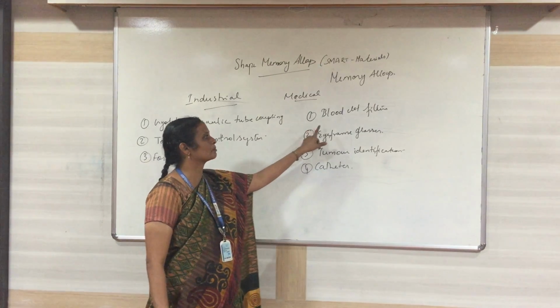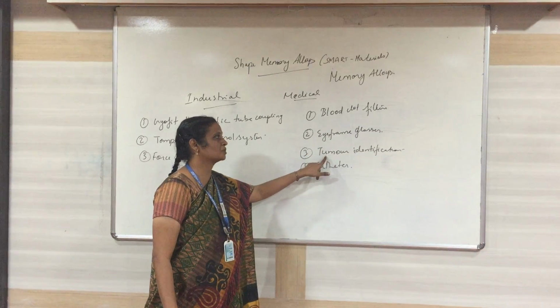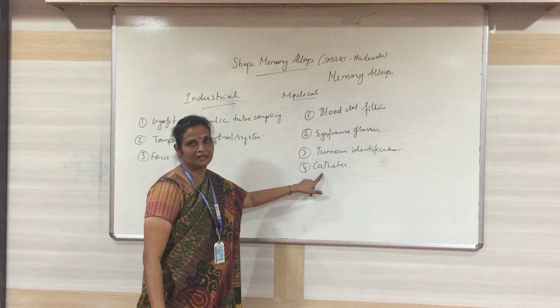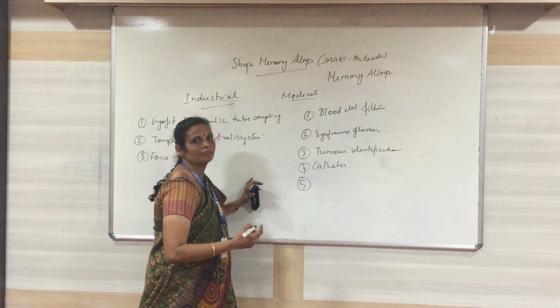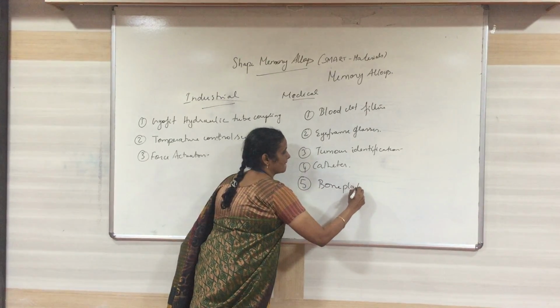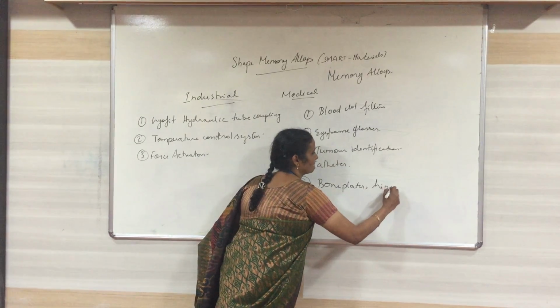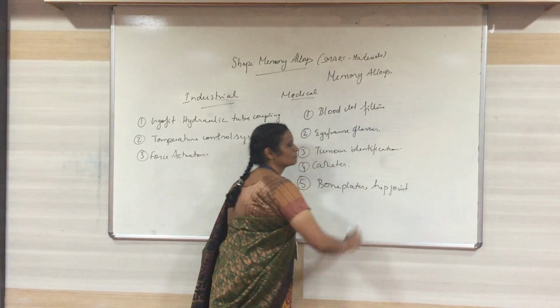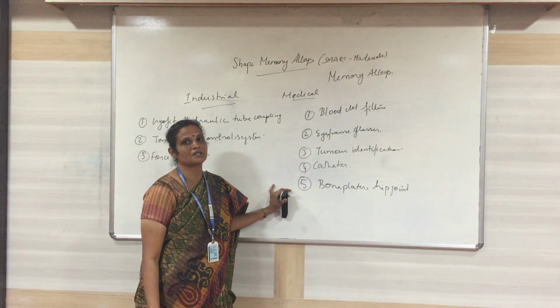That's why they are used in blood clot filters, eye frame glasses, tumor identification, and catheters. And as they have the biocompatibility property, they are used in bone plates and also in preparing hip joint materials.